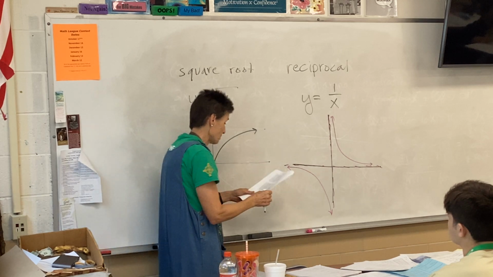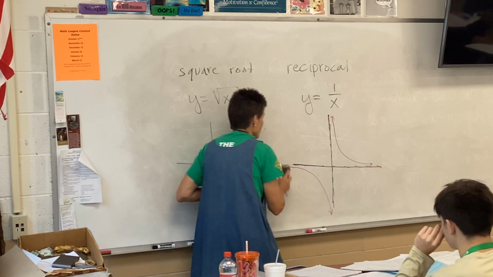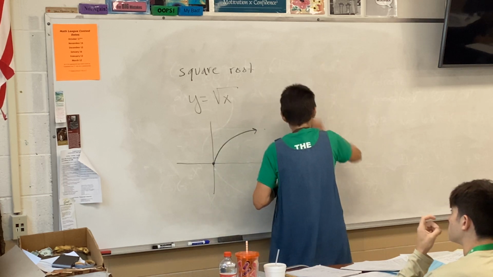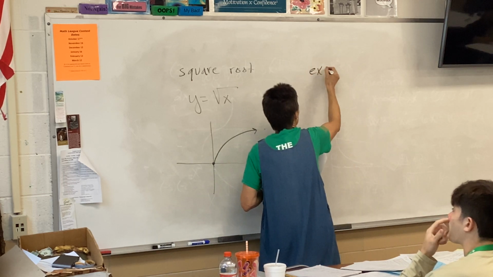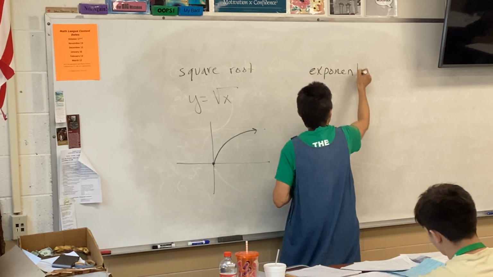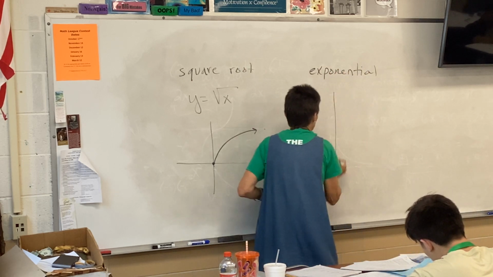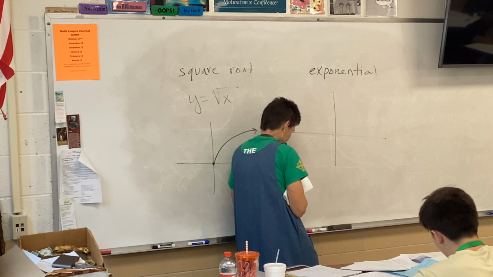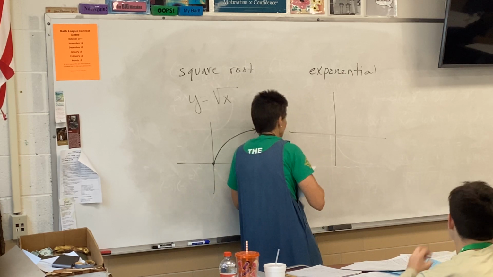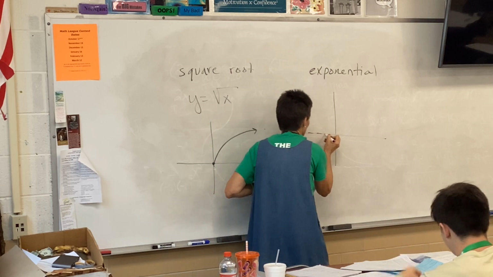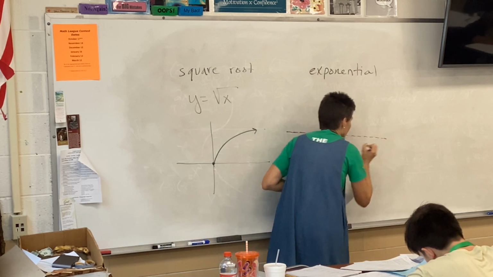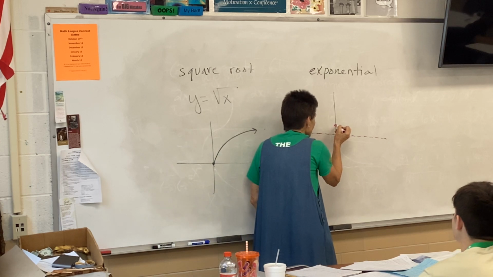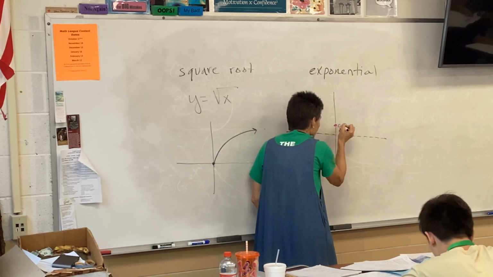We're gonna finish this page. The exponential function has an asymptote here. A dot at 0, 1.